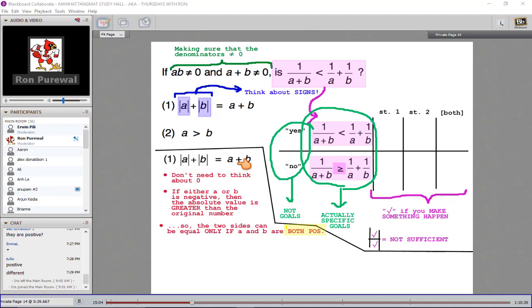Okay. What do we know about these now? If we have two positive numbers, let's think about 1 over A plus B versus 1 over A plus 1 over B. What do we know about those?